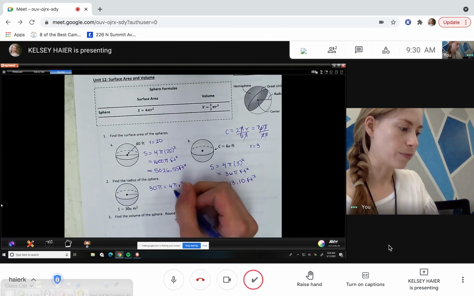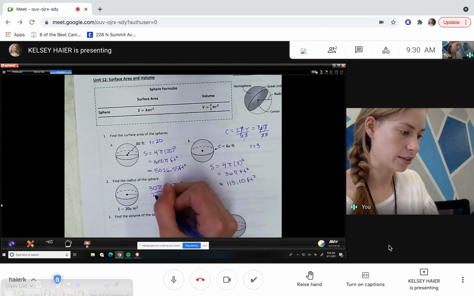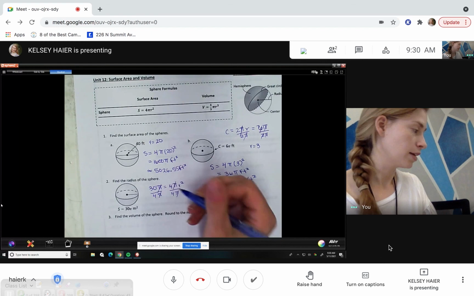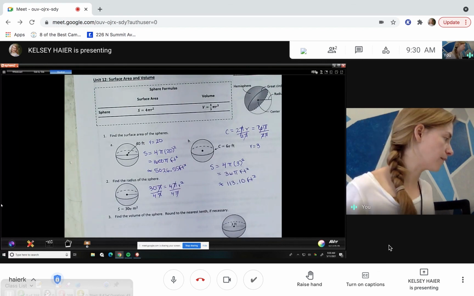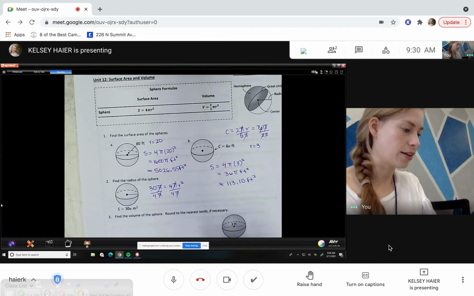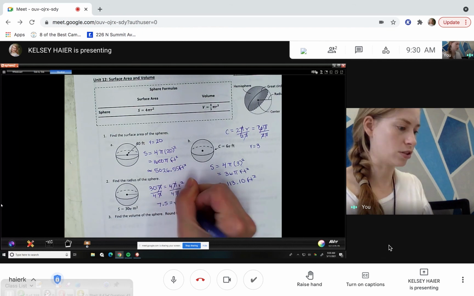So first thing we can do is divide by 4 and pi on both sides. That cancels out the pi. And then 30 divided by 4 gives us roughly 7.5. But that's still radius squared.